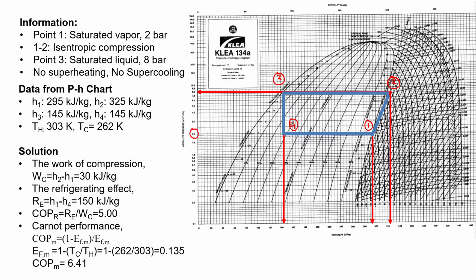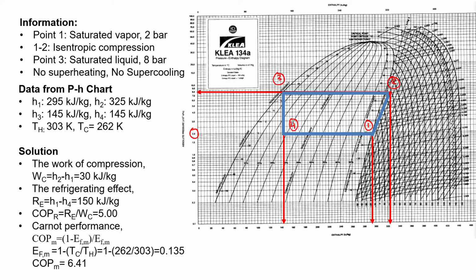Okay, so what next? It's very similar. If you are asked to give the condition, we know that at point 1 we have saturated vapor at 2 bar. At point 2 you have superheated vapor at 8 bar. If you are asked the temperature, then it's very easy. You can just check the temperature line. For example, this one is around 40.